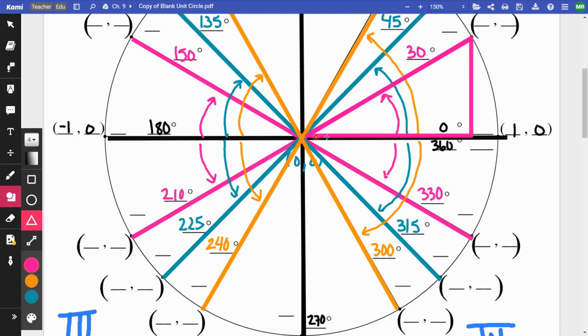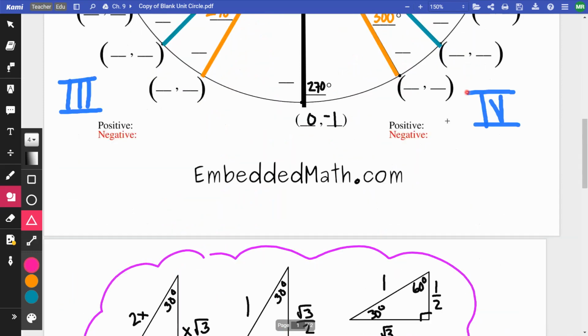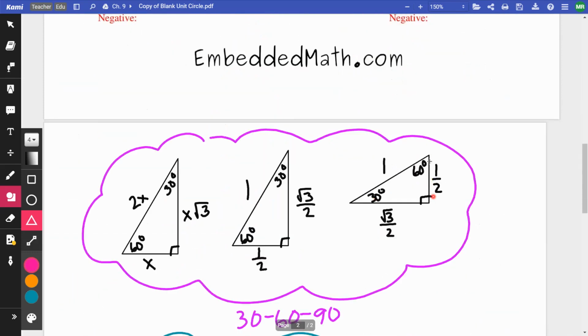So the side of, well, this side right here is 1. That's my hypotenuse, okay? The one across from my 30 is my shorter one. And if we look back here, across from my 30 is my 1/2. This length here is my longer side. This is a √3/2. So that 1/2 is going to be the y coordinate, because that's my y direction.